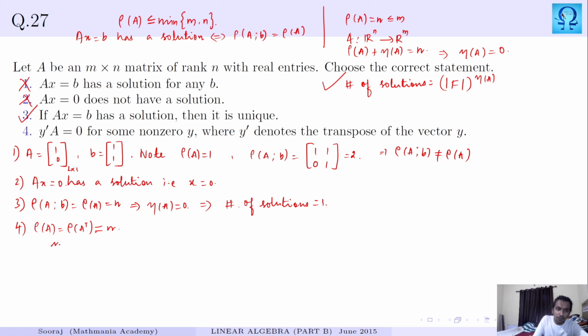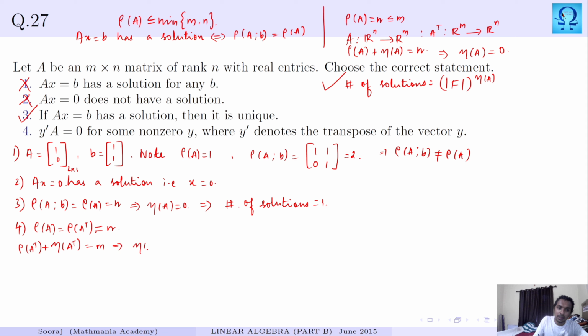Okay, if you try to identify nullity of A transpose, this is rank of A transpose plus nullity equal to the dimension of the domain, right? So when you write A transpose, this is defined from R^m to R^n, so the domain dimension is m.